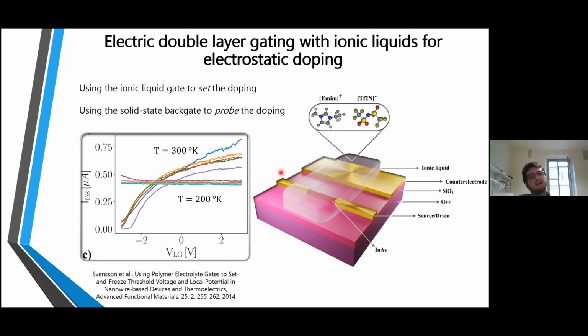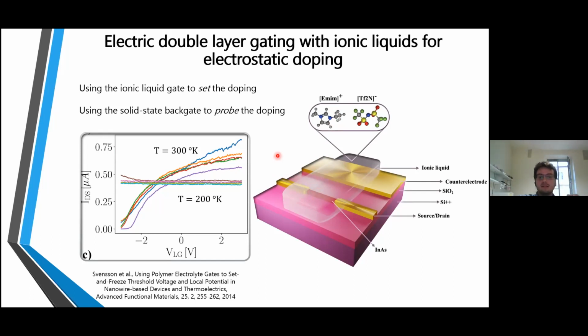Again, Professor Mikulic has mentioned that this kind of system can be used in the so-called set and freeze operation. So basically, you apply a counter electrode voltage so that the ions are distributed along the surface of the nanowire. The electric field is applied, the band bending occurs, and the electrostatic doping regime is set.